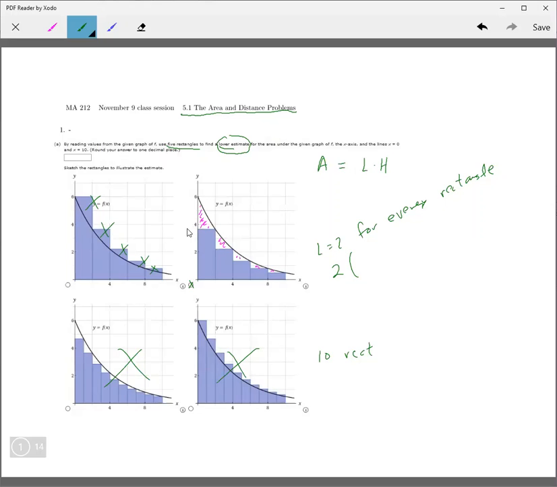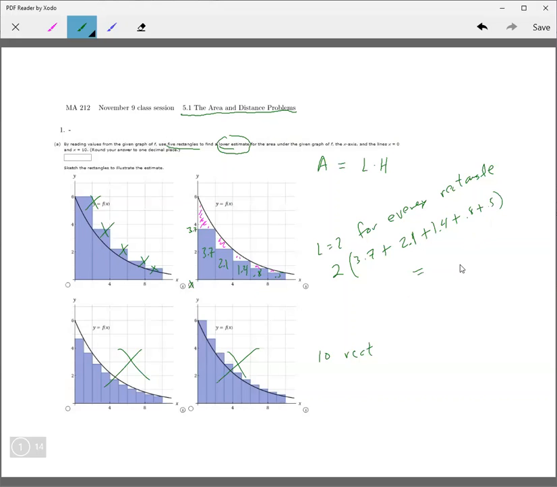This one may be 3.7, and this one right here looks like it's just above 2, so I'm going to say 2.1. Then 3.7. This one looks just about under half, so I'm going to say 1.4. And this one looks like about 0.8 maybe, and this one maybe 0.5.